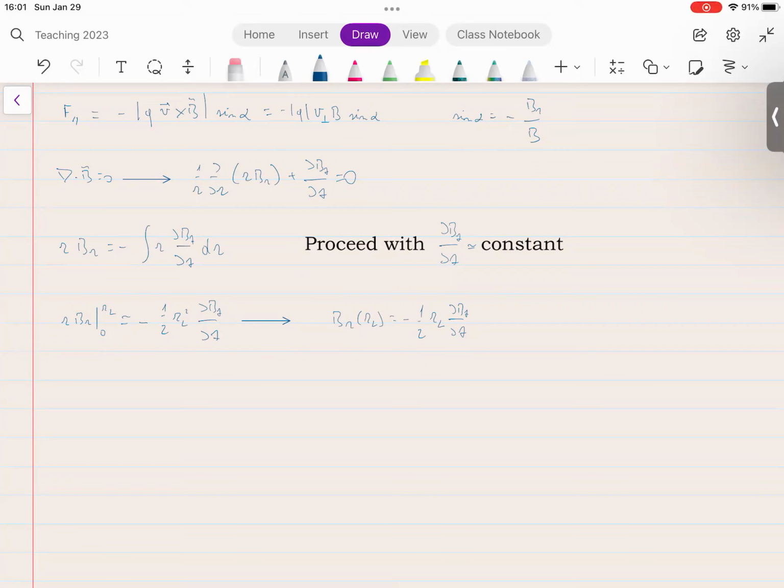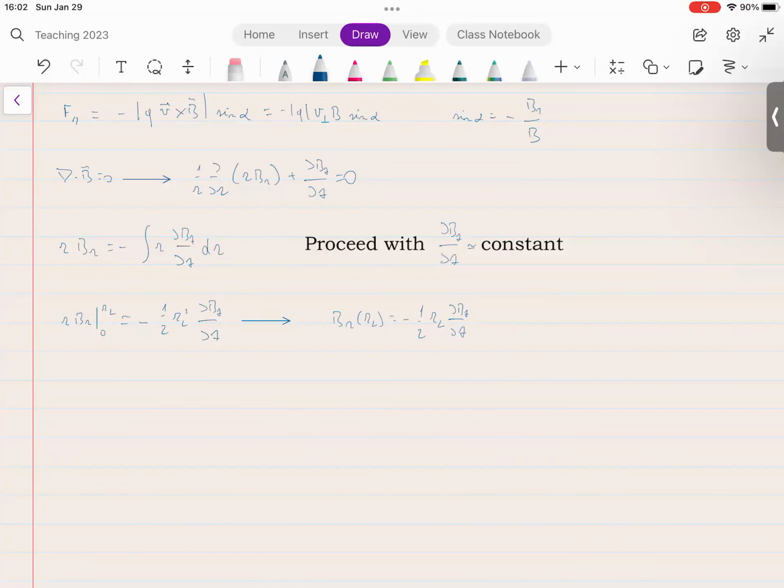So that gives me, combining these two expressions, I can get an expression for sine of alpha in terms of dBz/dz.